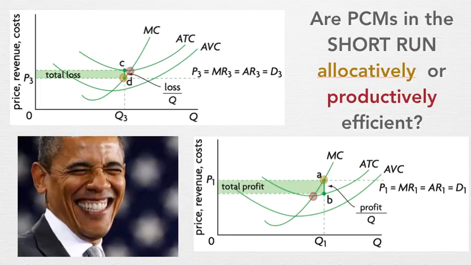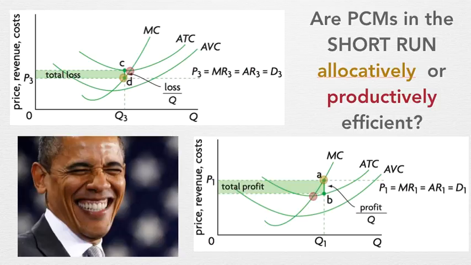Allocative efficiency is where the demand curve equals the marginal cost, or the supply curve. In this case, it is allocatively efficient in that this is where supply equals demand, and since the demand curve is the same thing as marginal revenue, we see both graphs are allocatively efficient. So perfectly competitive markets in the short run will be allocatively efficient always, yes.